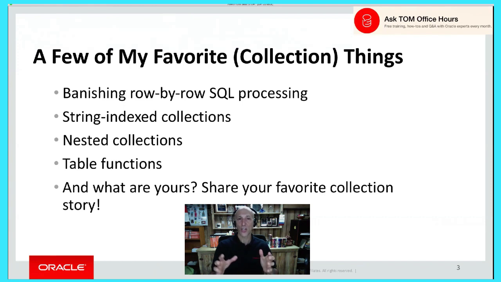Essentially, they allow you to normalize your variable data structures in PL/SQL, just like you'd normalize your structures in the database. And table functions, oh my gosh, selecting from the collection returned by a function as if it were a table, a set of rows and columns. The possibilities are numerous. So I'm going to share some of this stuff with you.